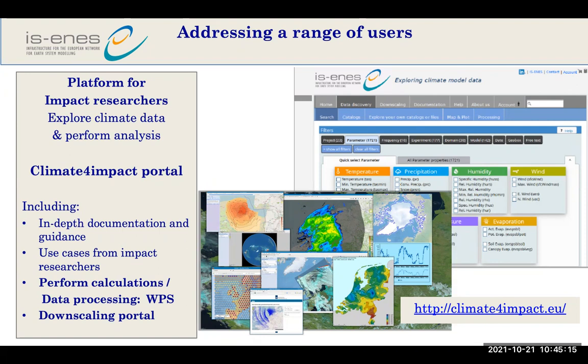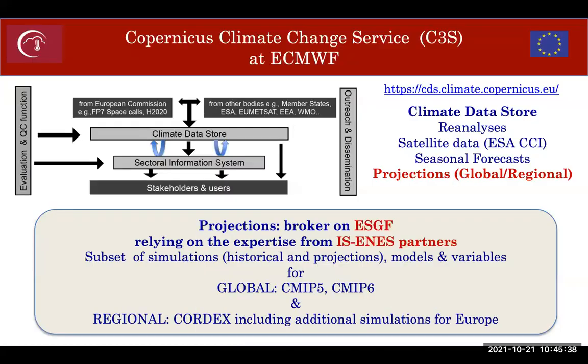So this one is more user-friendly to ease the community, which is less used to directly working on climate model output. And that also allows performing different indices, doing some processing directly on site, as well as downscaling the information at a more regional scale. So this is something that has been developed within EasyNess.